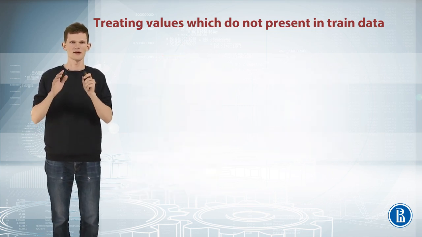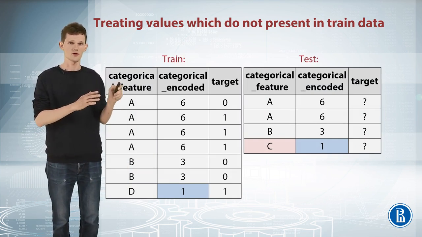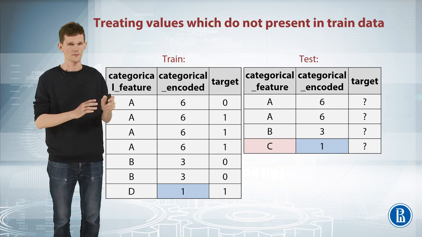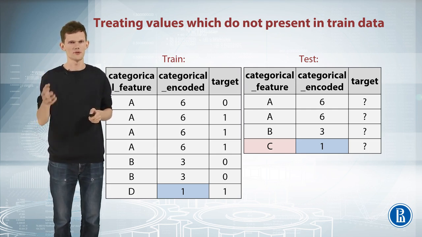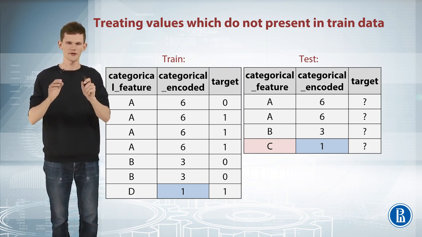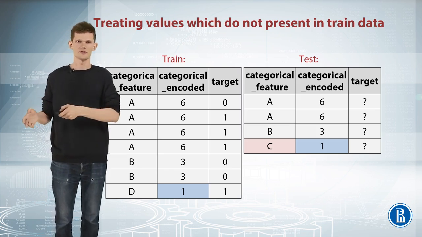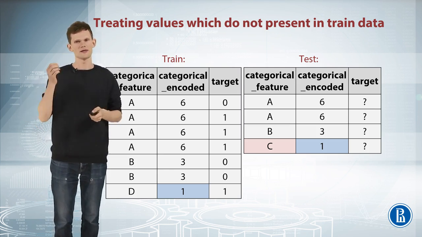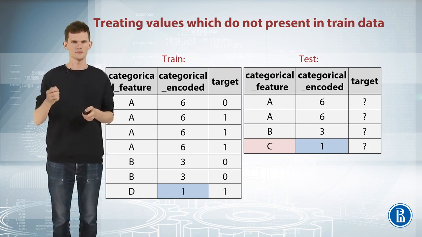Let's walk through the example on the slide. Values you see from the categorical feature do not appear in the train. Let's generate a new feature indicating the number of value occurrences in the data. We will name this feature categorical encoded. Value A has 6 occurrences in both train and test, and thus the value of this new feature related to A will be equal to 6.